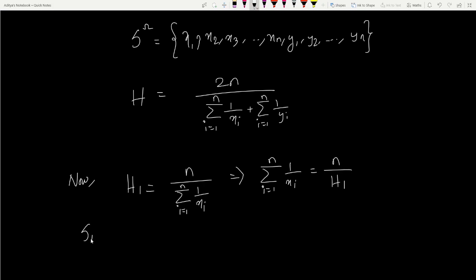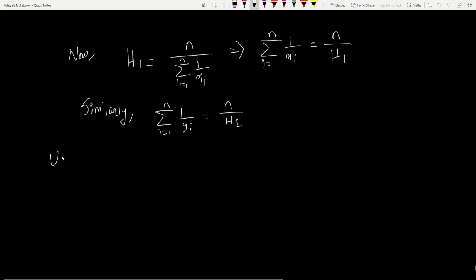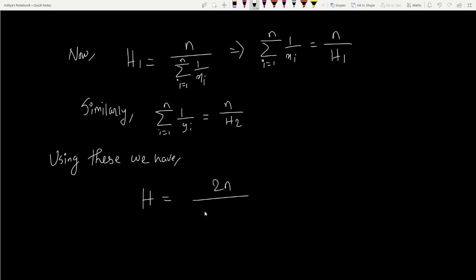Similarly, the summation of i equals 1 to n of 1 by yi should be equal to n by h2, and using this we have capital H equals 2n by, so we have these summations, right?